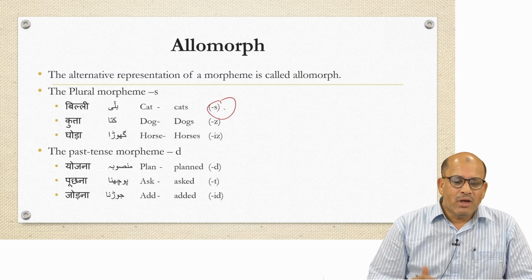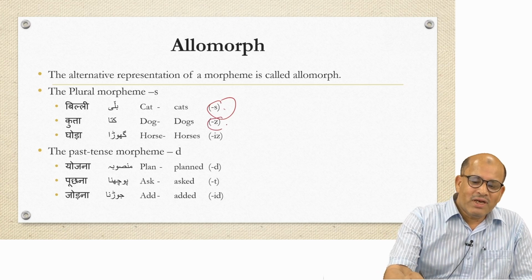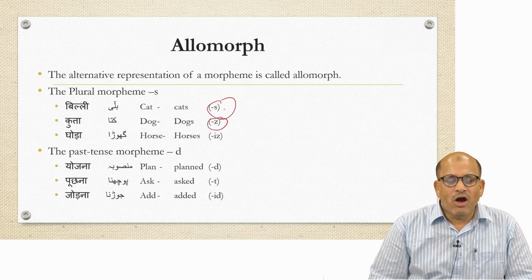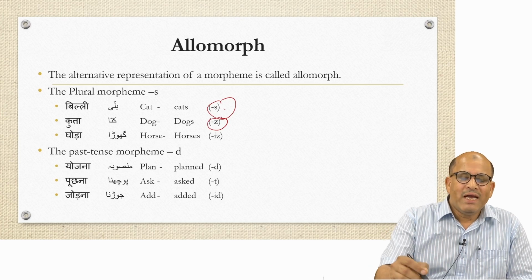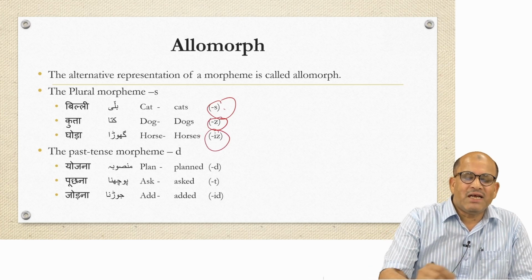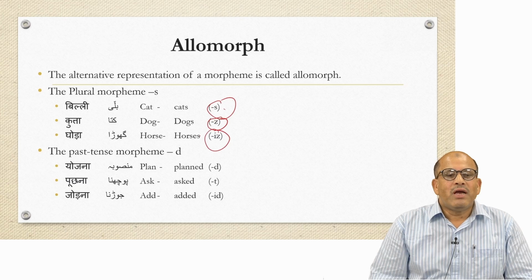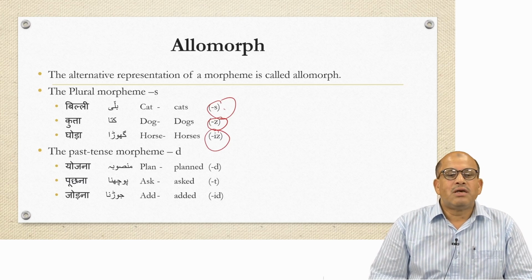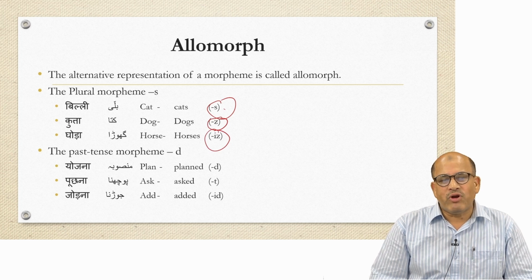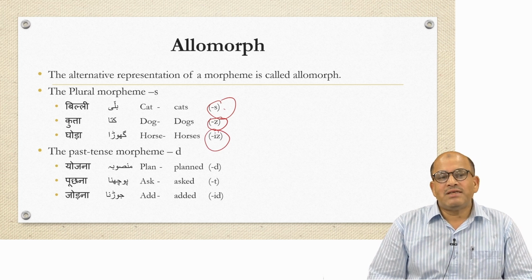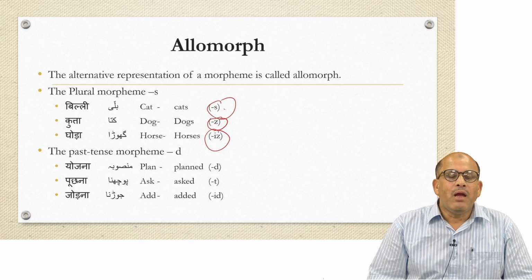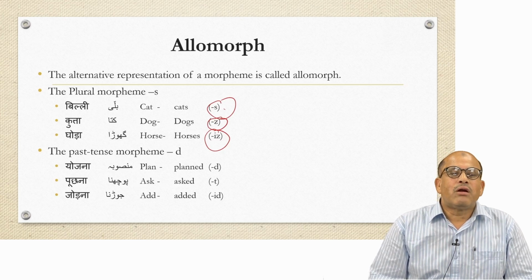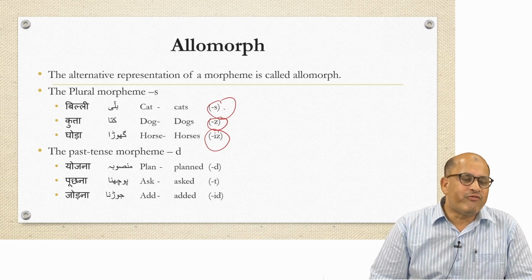Then the next one is es in horse. When we add s to horse, making it plural, the pronunciation is iz. So cats gives an s sound, dogs gives a z kind of pronunciation, and horses gives an iz pronunciation. These variations do not affect the meaning, but they are called the allomorphs of the same morpheme.